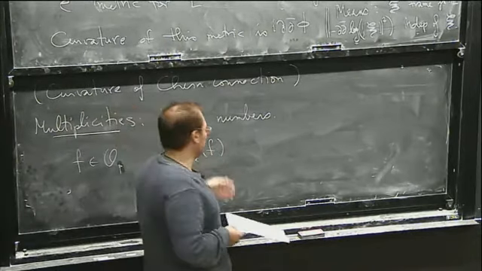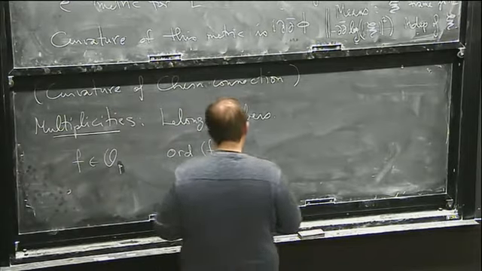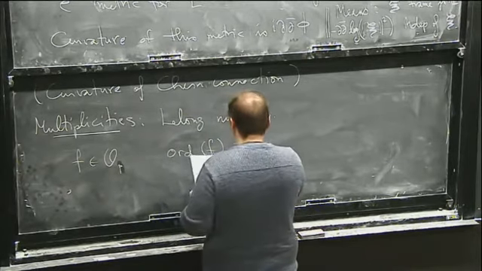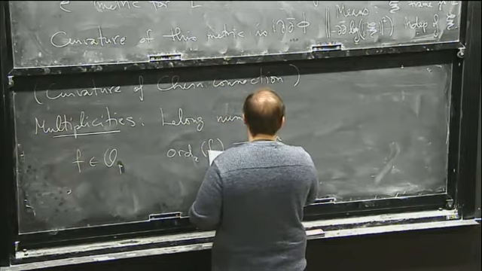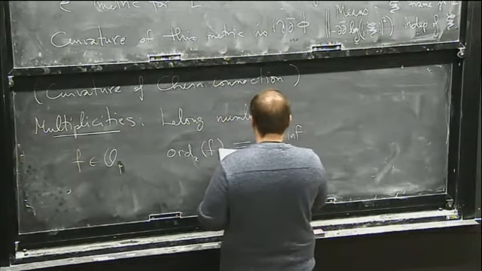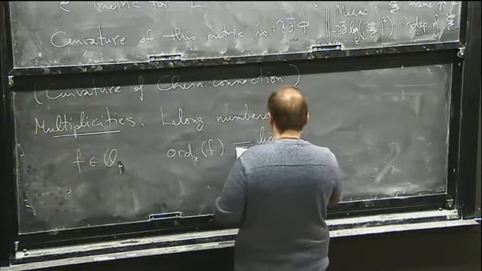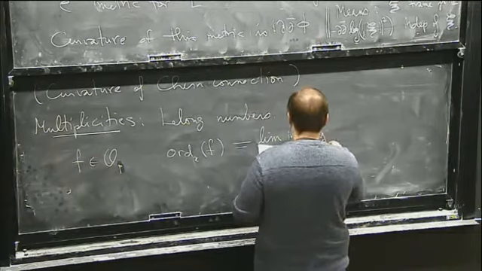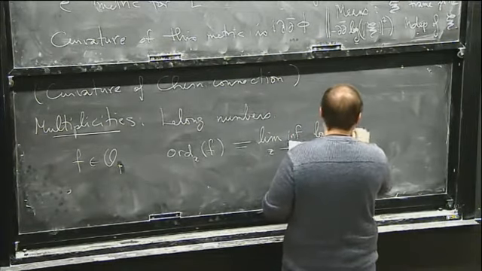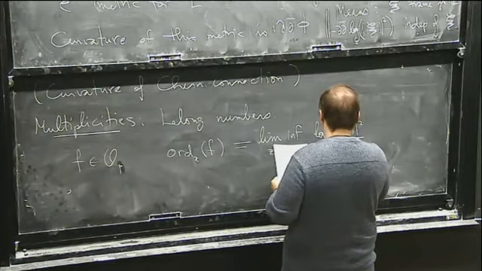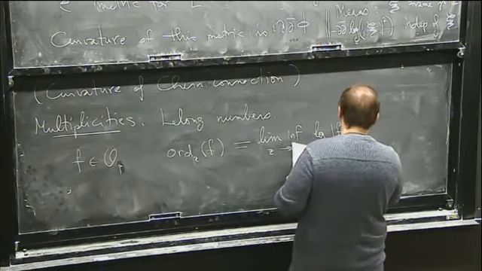Everyone knows what multiplicity is, but it's a theorem of Lelong that this is actually equal to the lim inf as z goes to x of log mod f of z squared over log mod z minus x squared.